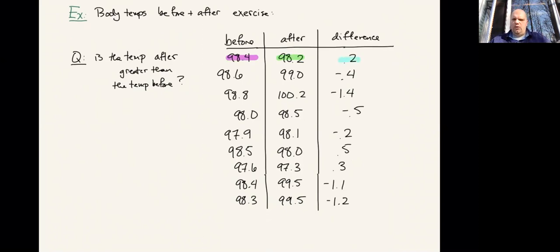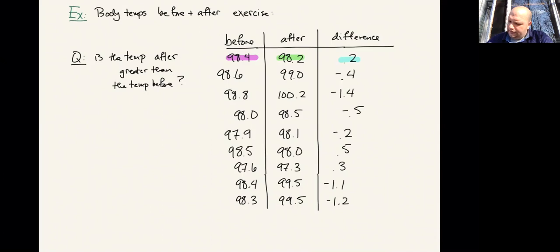I've done before minus after. So when these numbers are positive, it means the first one, the before, is bigger, and temperature has gone down after doing exercise. When these numbers are negative, it means the after temperature is higher. The thing you're subtracting is larger. So it means the body temperature has gone up as a result of this exercise.